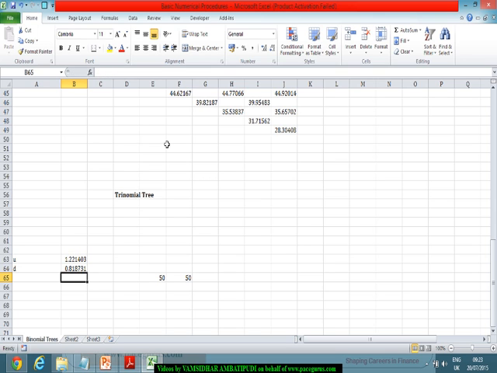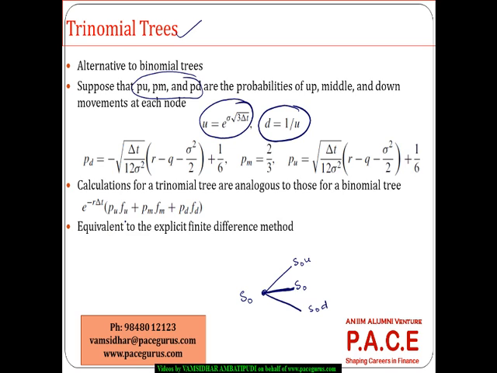So this is what is going to be the down. So at the end of one period, we multiply this number by the up to get the up and this number by the down to get the down movement. So these are the three possibilities that are coming up. And we are saying the probability of down movement, we are changing it.